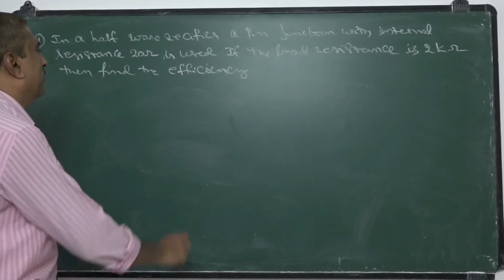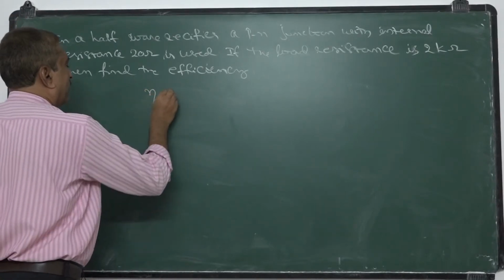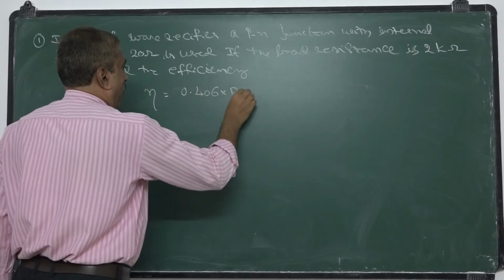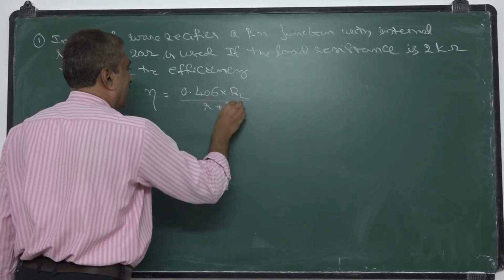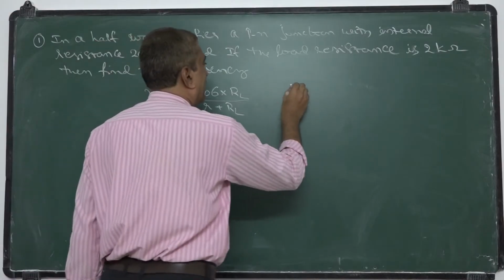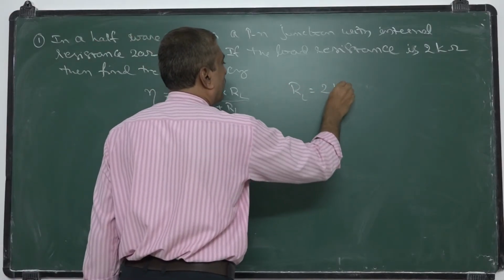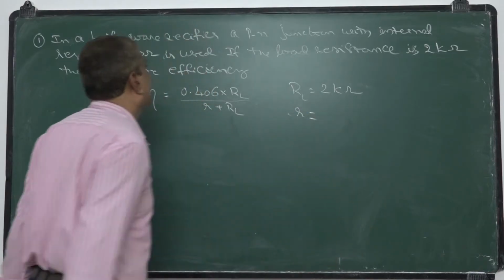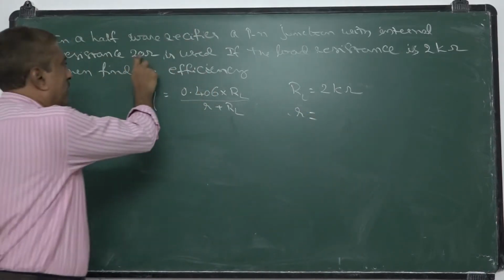So already you know the formula. The efficiency for a half wave rectifier is 0.406 into RL by (r plus RL) into 100. In this problem, RL is given as 2 kilo ohm, that is 2000 ohm, and the internal resistance r is 20 ohm.